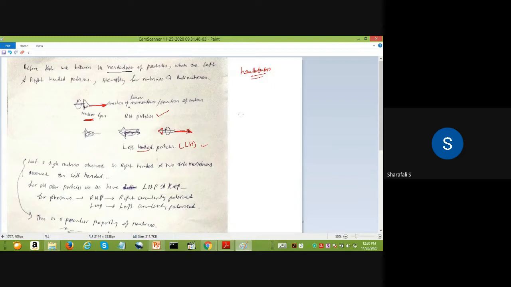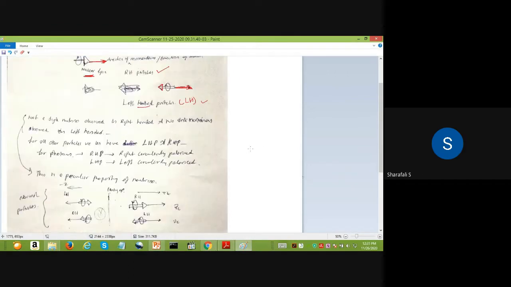And if the momentum or direction of motion of the particle and the spin are in the same direction, then it is called right-handed. That is the handedness of a particle. And by using this handedness, we define the parity for the interaction, for example, in the case of beta particle decay, which we will discuss now.